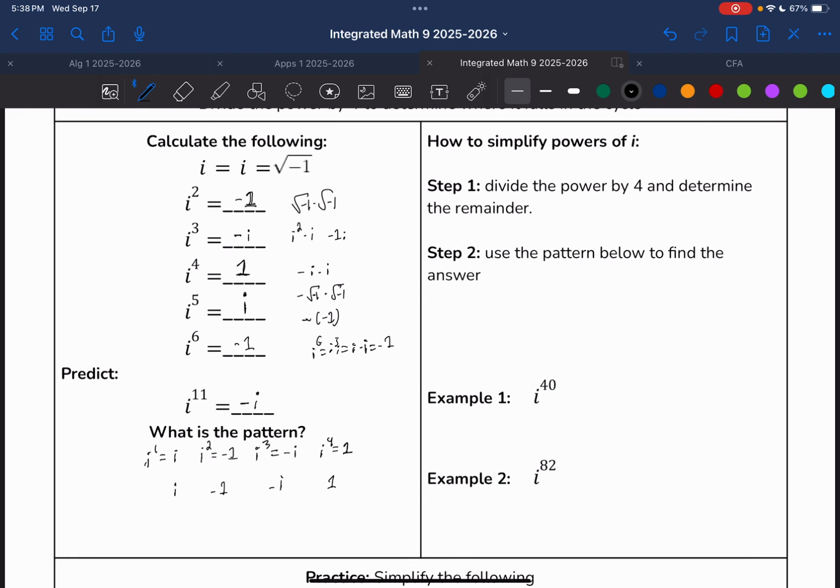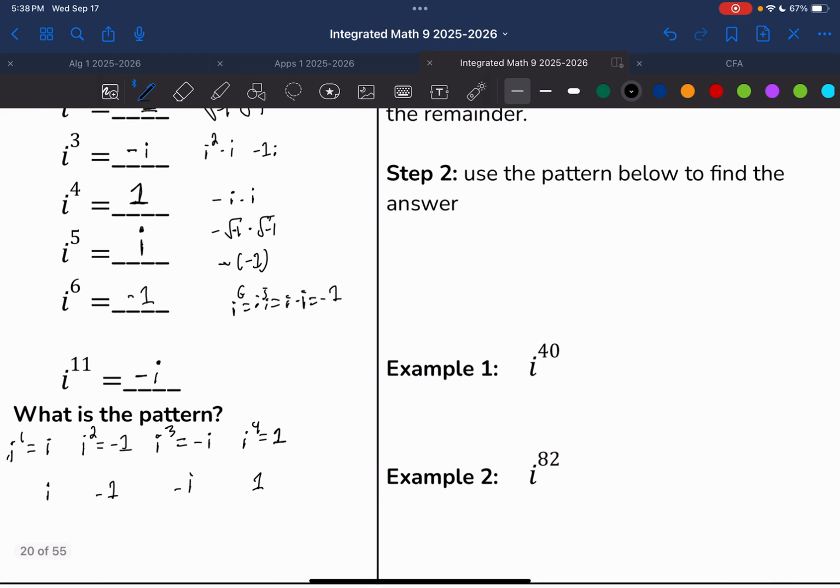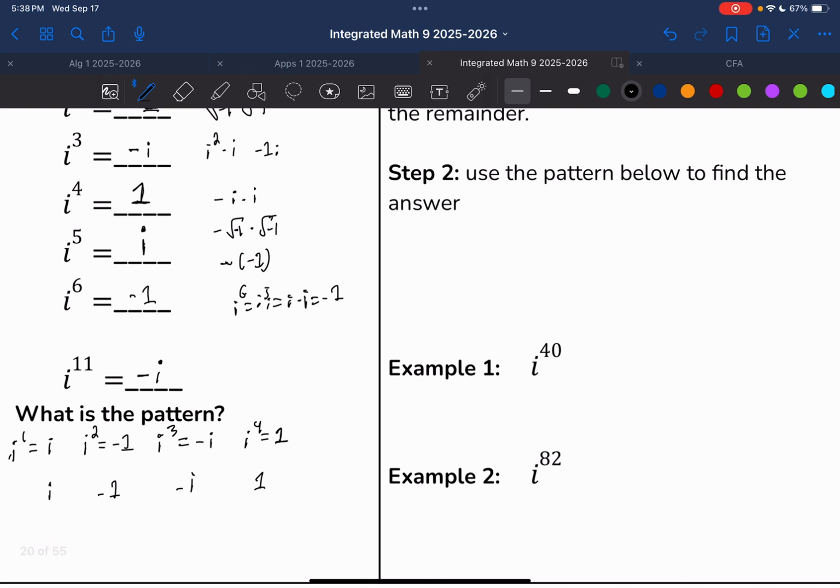So we're going to use that to find i to the 40th. For i to the 40th, we want to figure out how many times we go through that cycle. If you think about i to the 40th, we do the whole cycle 10 times. So if i to the fourth is equal to 1, so is i to the 8th, so is i to the 12th, so is i to the 16th, on and on.